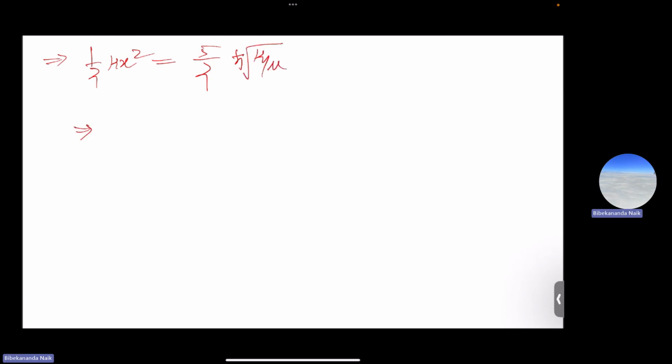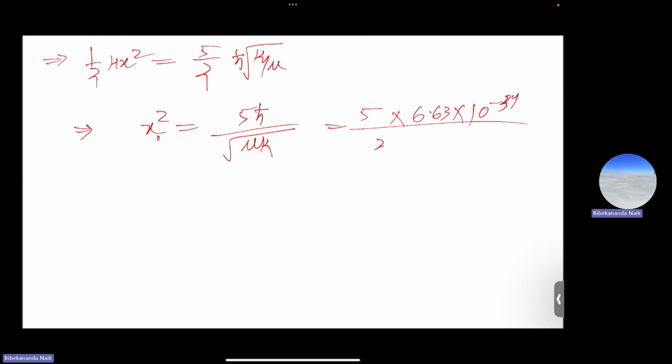So x square, or x0 square, will be 5 into h cross divided by mu k root over, which is 5 into 6.63 into 10 to the power minus 34 divided by 2 pi into mu, which is 1.62 into 10 to the power minus 27, into 475.